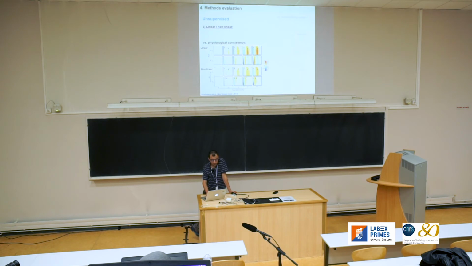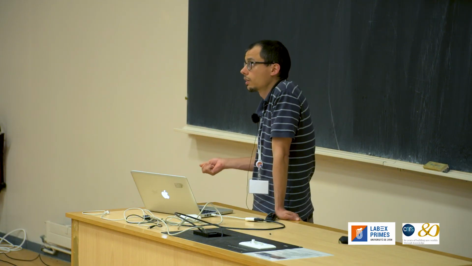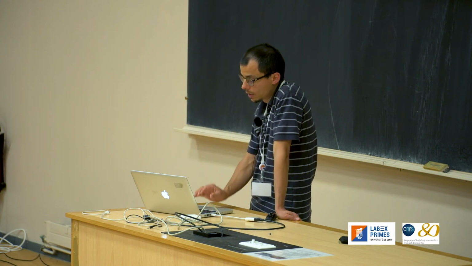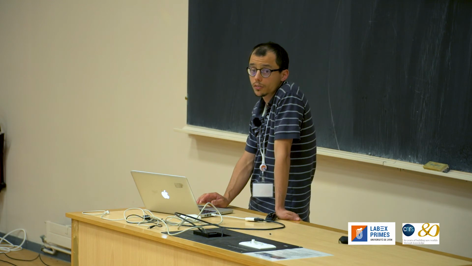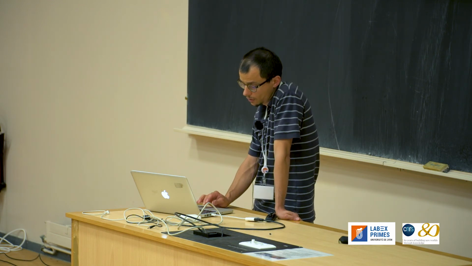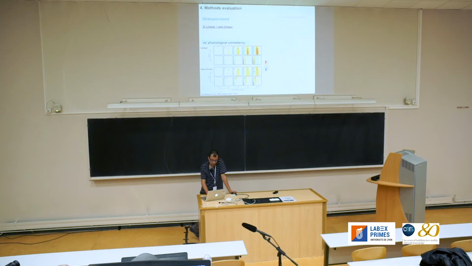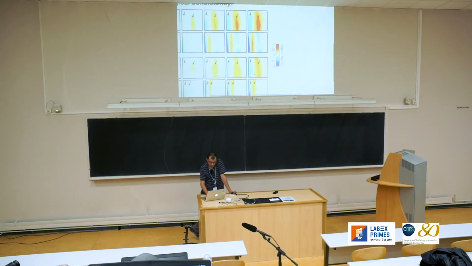So what you may do is try to reconstruct your data from your low-dimensional space to your high-dimensional space, and look if your data are physiologically consistent. Here, the pattern I was studying was this kind of abnormality of blue and red spots.